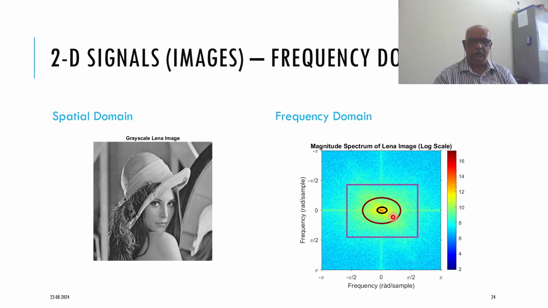Then the yellow one is having very low values, so the low values are lying here. And if you go beyond this square, all of them are blue, so they are almost going to be in the zero range. So the effective information that is of concern is in this frequency range. We are interested in this component only.